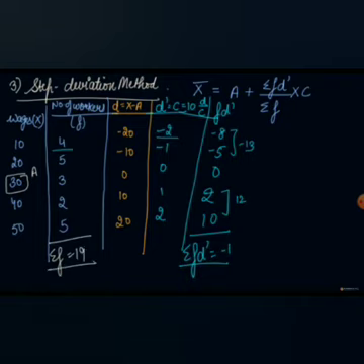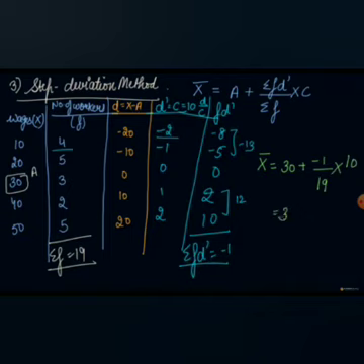So by putting all the values in the formula, x bar, your assumed mean is 30 that you have taken. Summation FD dash is minus 1, frequency is 19, into the common factor, which is 10.